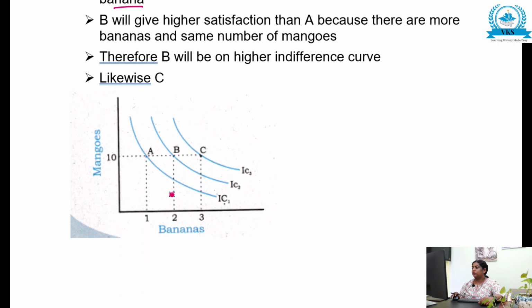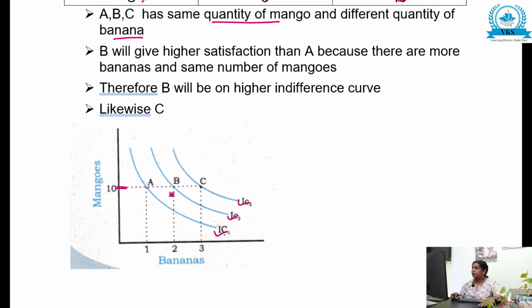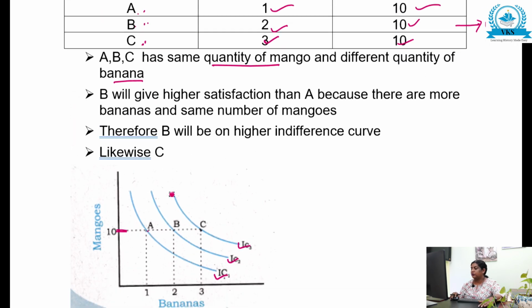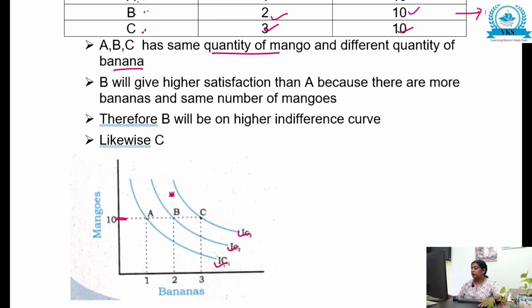If we see the indifference curves, combination A is IC1, combination B is IC2 and combination C is IC3. In all these the number of mangoes is the same but the number of bananas changes. In the first combination there is 1 banana, in the second 2 and in the third 3, but the number of mangoes remains the same in all three.